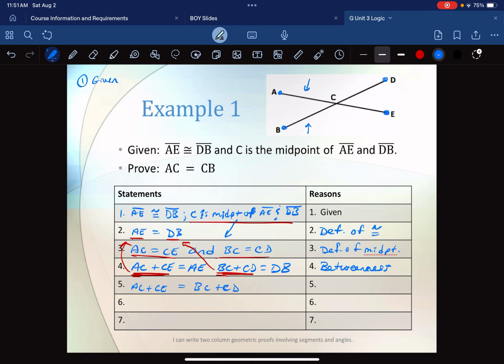Now if I could just get to ACs and CBs only. Well, what's AC equal to? It's equal to CE. So I can put AC plus AC equals, I'm going to switch to CB plus CB. And then I know, okay, this is substitution.